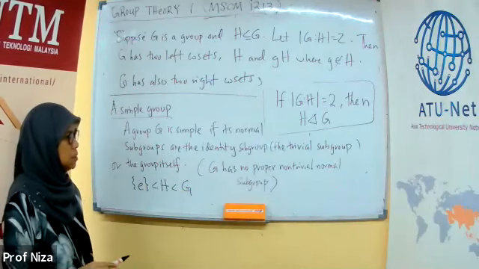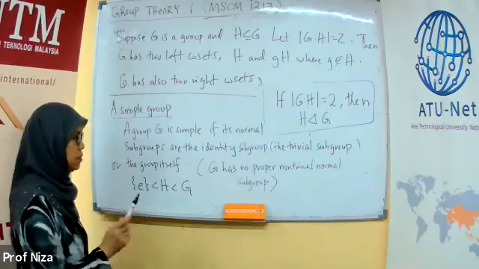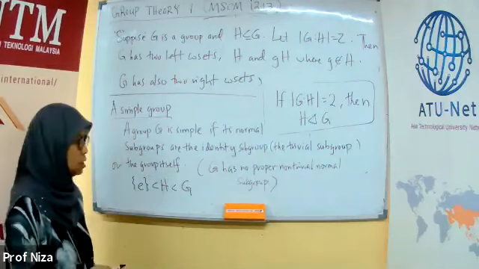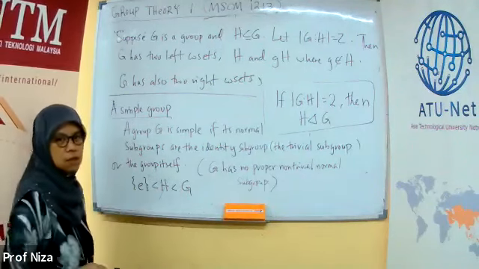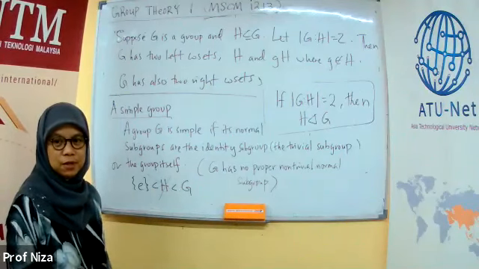G is simple if it has no proper non-trivial normal subgroup. So this cannot be normal, and the only normal ones will be this and this. Otherwise, we will say G is not simple.